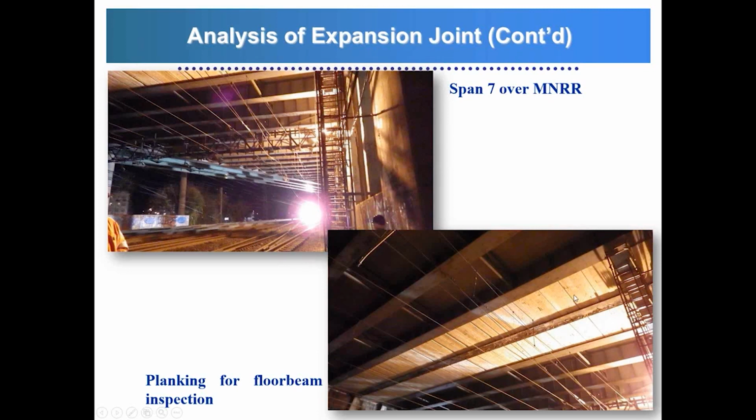Then here you can see the planking that was installed for the inspection of the floor beam and the joint. From here, you can see this is our non-composite floor beam, and you can see that adjacent floor beams are pretty much in perfect condition. When you compare that to the non-composite floor beam, you can see over here the corrosion caused by the water leakage.